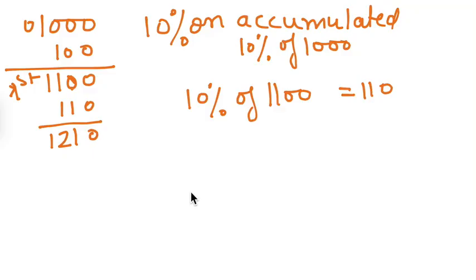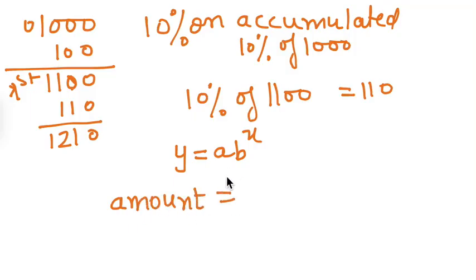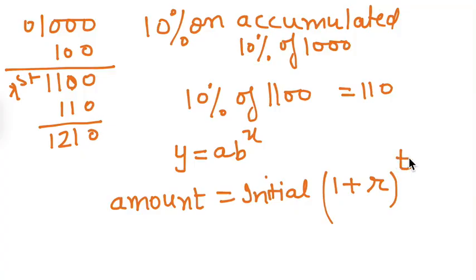If I create a formula for this, till now you know the formula is y equals a b to the power x. But let's break it down a little bit so that we can understand the value of b better. The amount after t years is the initial amount times (1 plus rate percent) raised to the number of years.